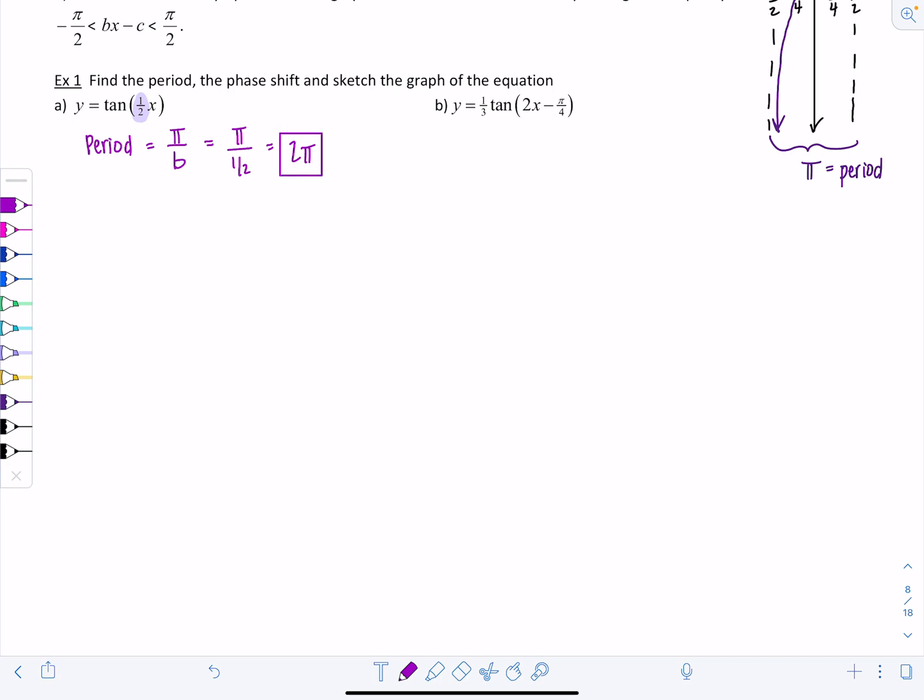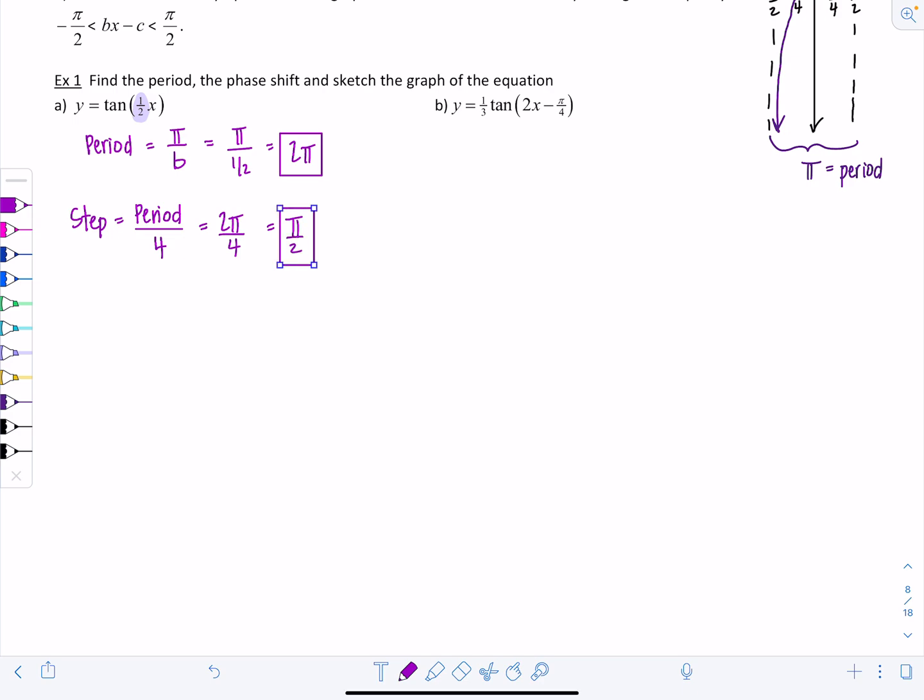Now the step tells us how far apart each of those key features are, so we still have to find the step. The step is always the period divided by 4 for all of our trig graphs, sine, cosine, tangent, everybody. So 2 pi over 4 is pi over 2.